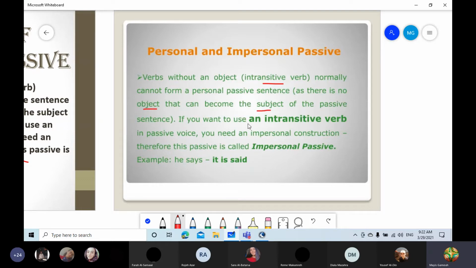If you want to use an intransitive verb, the verb that doesn't have an object, in the passive voice, you need an impersonal construction. Therefore, this passive is called impersonal passive. And as an example, he says will become it is said, and then we will continue our sentence.